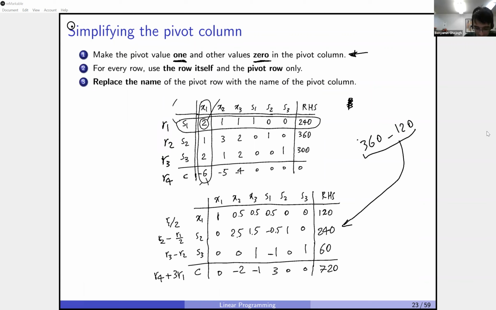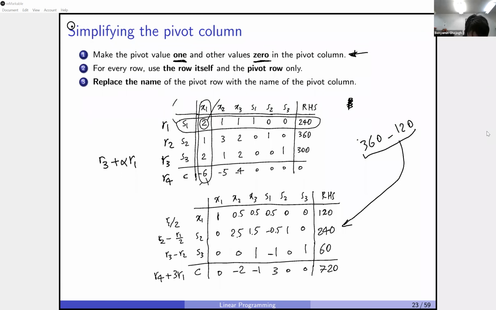Now the third row, R3. Always put R3 itself without any alpha, without any weight. And now use R3 itself and the pivot row, R1, with some alpha, plus alpha R1. Alpha might be negative or positive. You want this to become 0. Either do it in your head or calculate it.